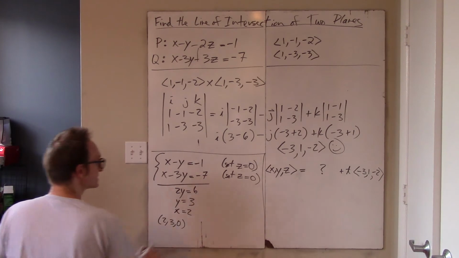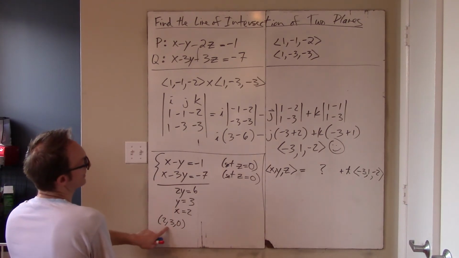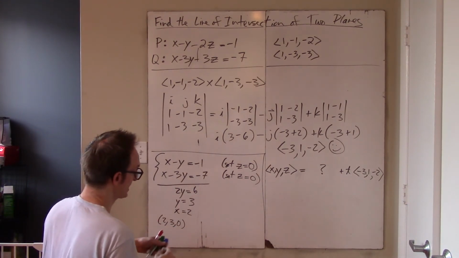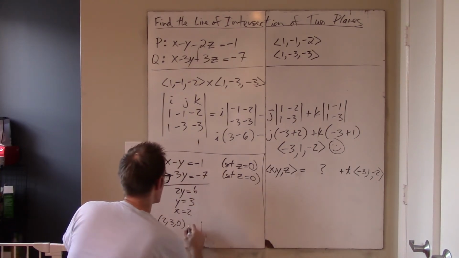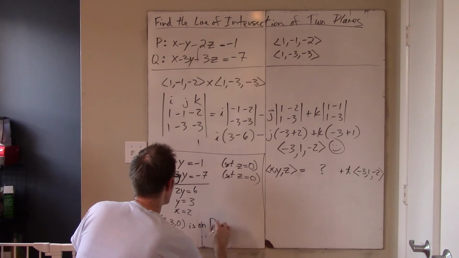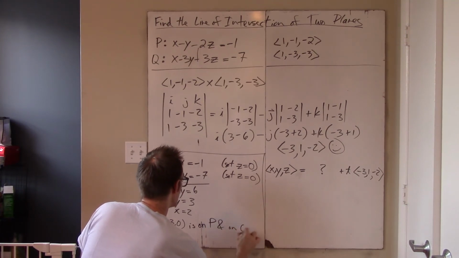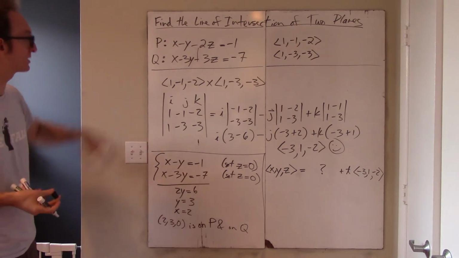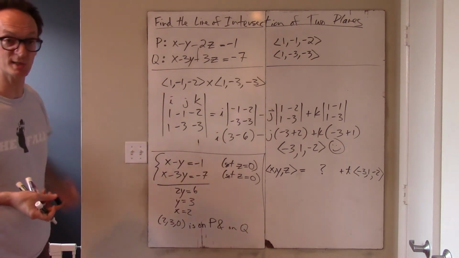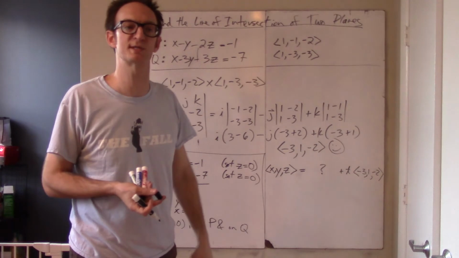And so really, it's the three-dimensional point (2, 3, 0) which is on both of these planes. So this point is on P, and it's on Q. And you can just double check that that's true. It's the point which is on P and also on Q and also happens to have a z coordinate equal to 0.